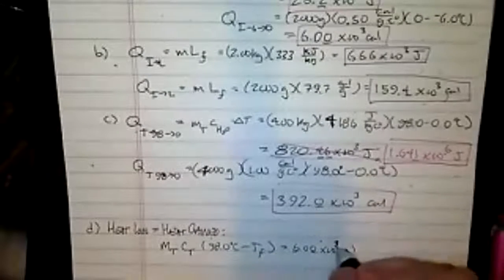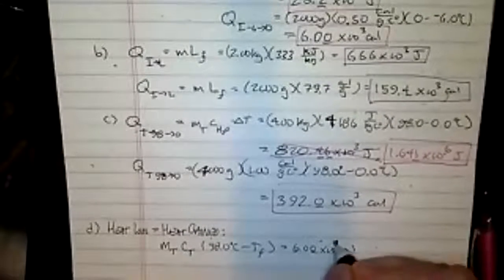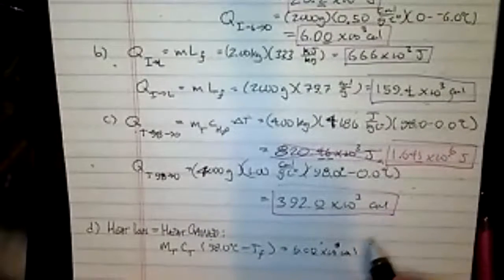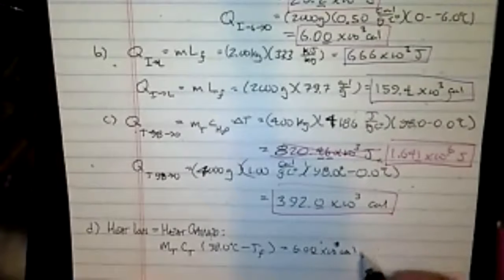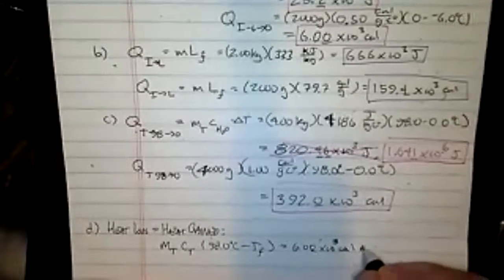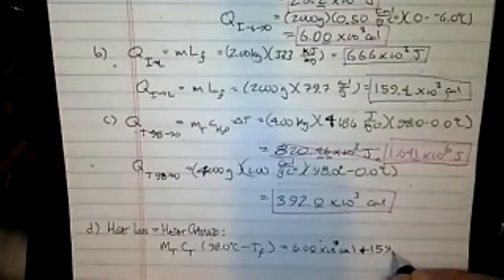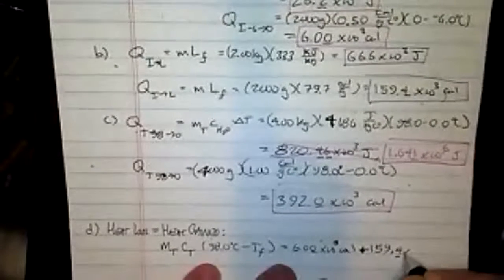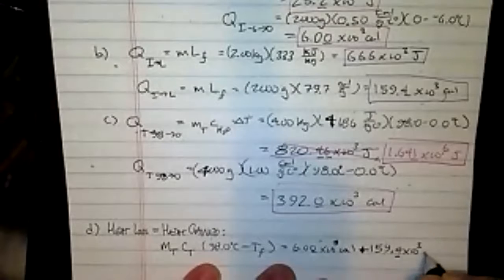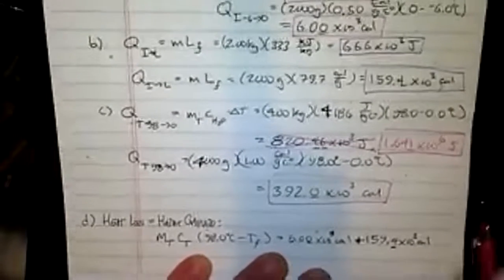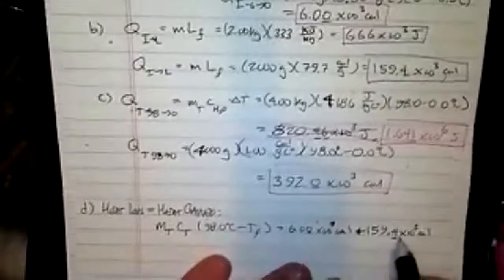So I've got that. Plus, I have that it's going to gain 159.4 times 10 to the third calories. That's for it to actually melt.